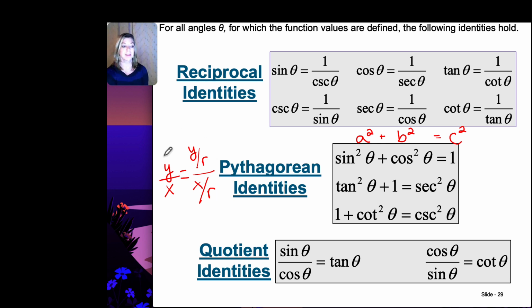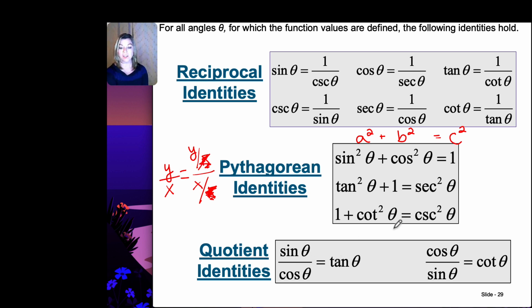And so the left side of our equal sign is equal to the right side. Whatever the radius is, it would cancel out here and here. Let me scribble them out like this, and we can see that the left side of the equation is equal to the right side of the equation, making this identity called the quotient identity.